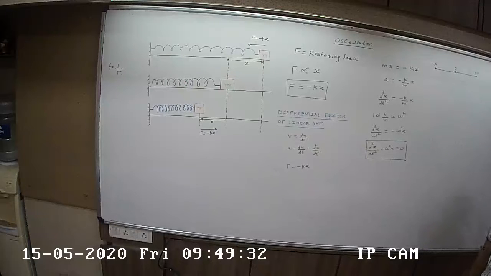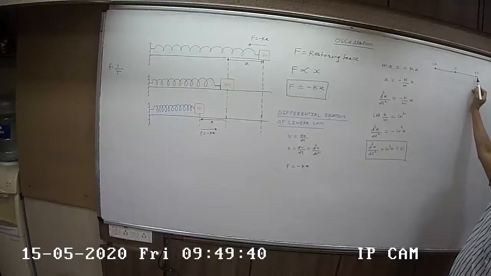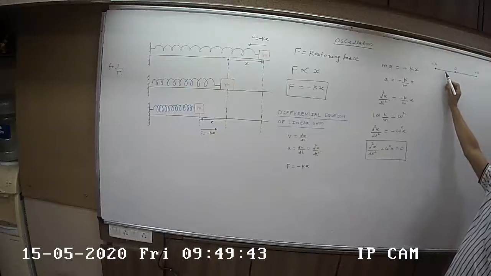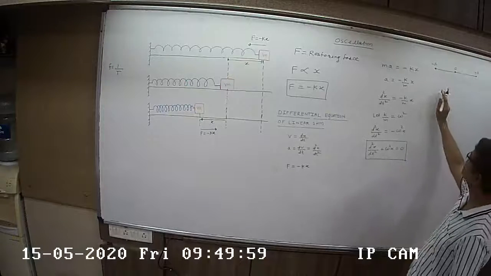Plus minus A. Plus A when it is at right extreme, minus A when it is at left extreme. And if the body is somewhere in between, between the mean position and the extreme position, then x will have a value between 0 to A. Is that clear?